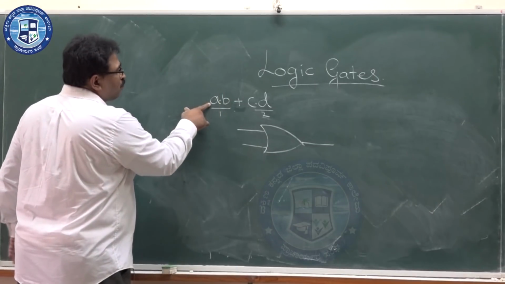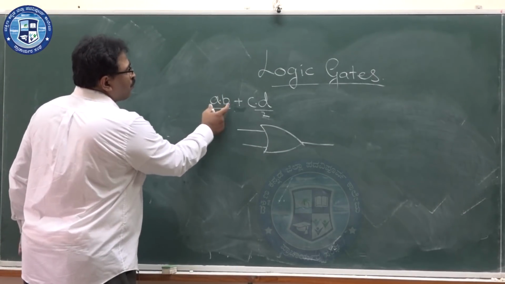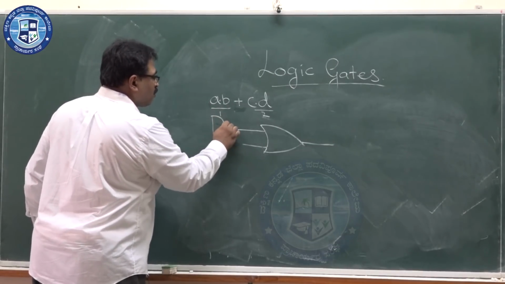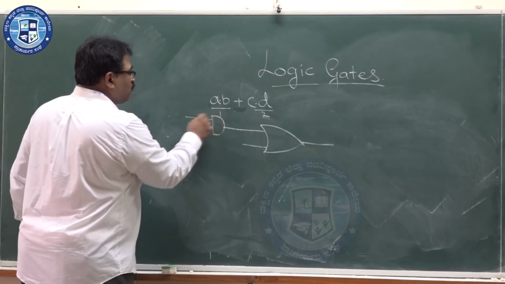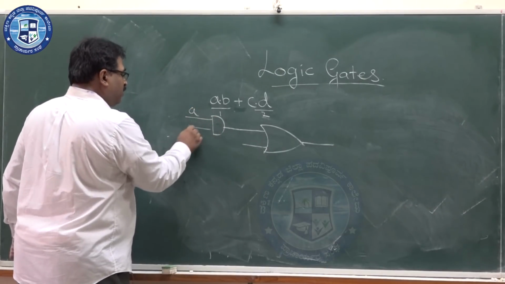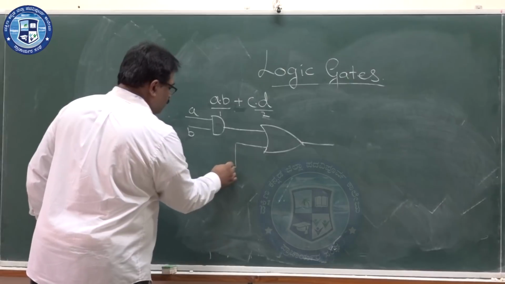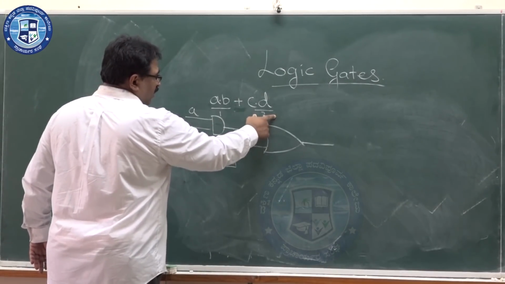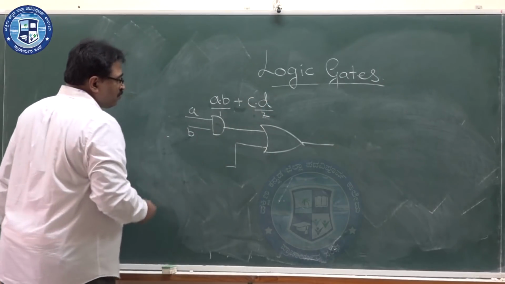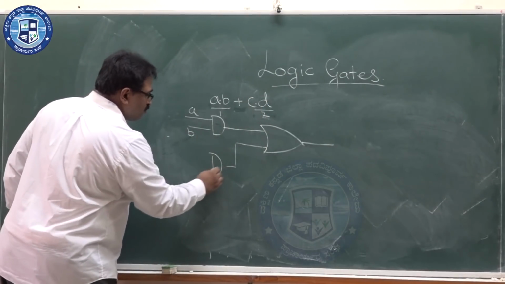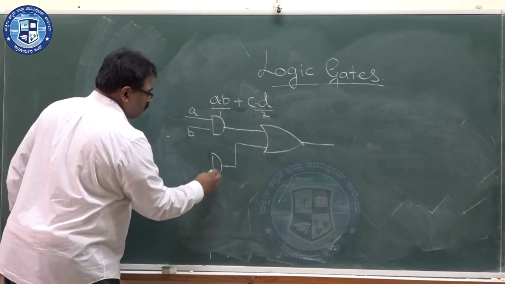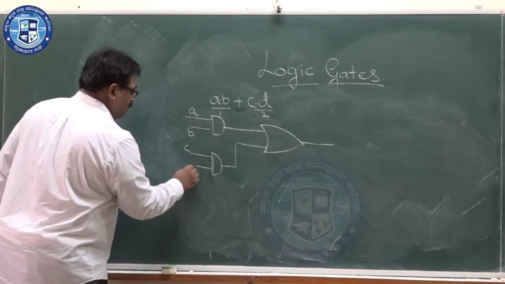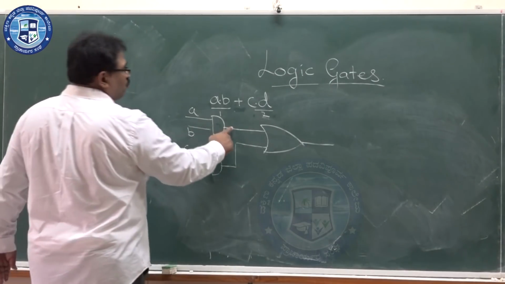Now this one input, we get it from where? From the AND gate, and the input to this AND gate is A and B. This is the second AND gate, and we get it from where? From C and D. So what will be the output of this?